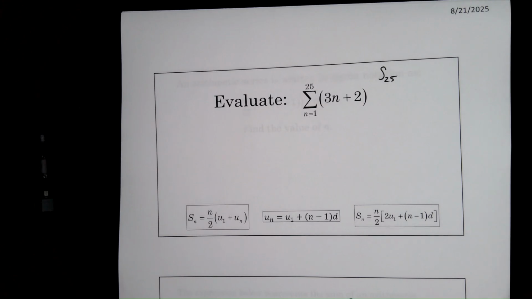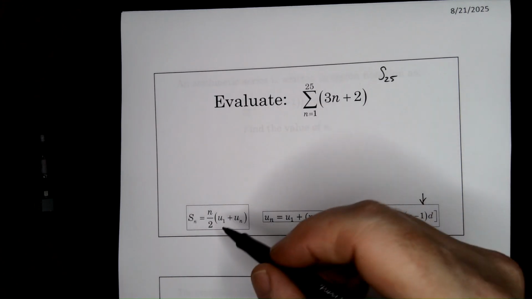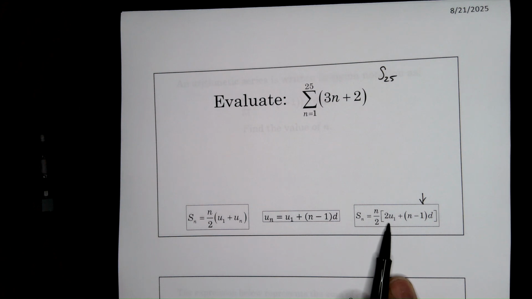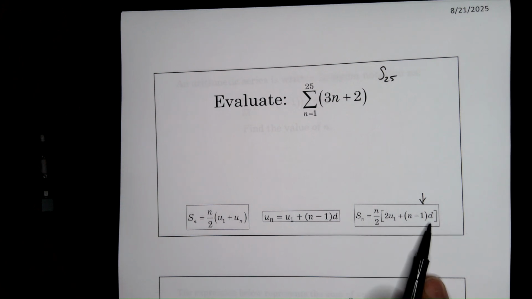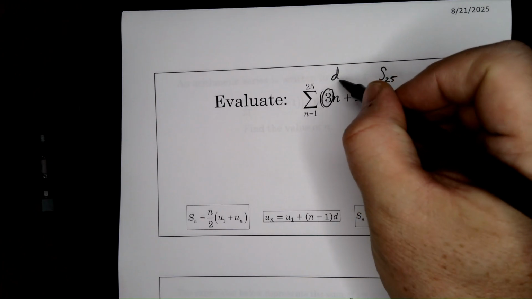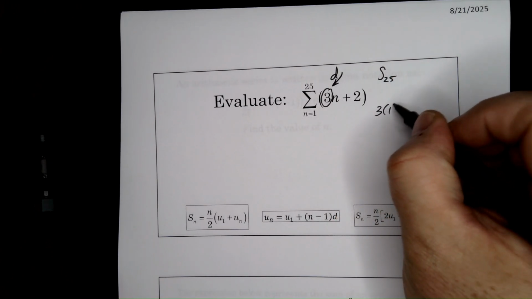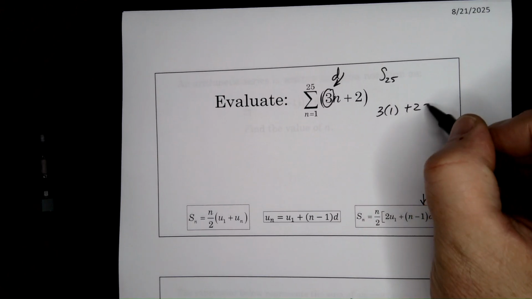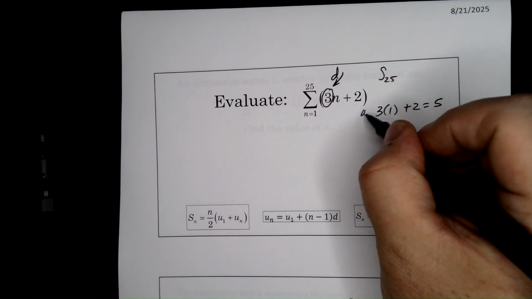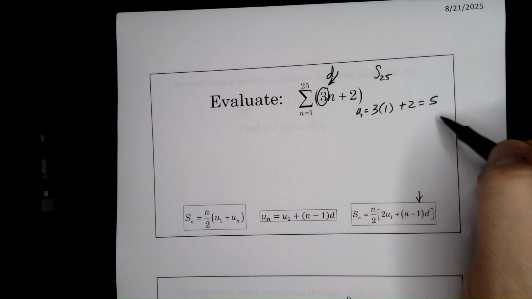I actually think this one's going to be easier here, but either way, we have to find two pieces of information. We have to find U1 and D. The reason I think this is easier is because that coefficient is the common difference, right? And to find U1, all I got to do is plug in 1. So U1 is 5, right? You see, U1 is 5. So D is 3, U1 is 5.